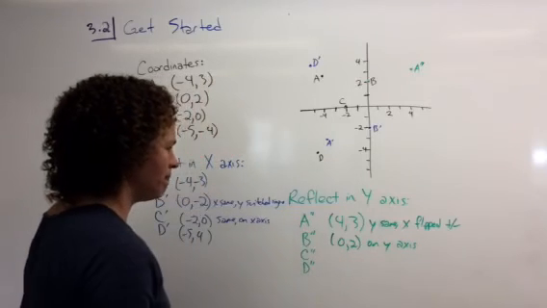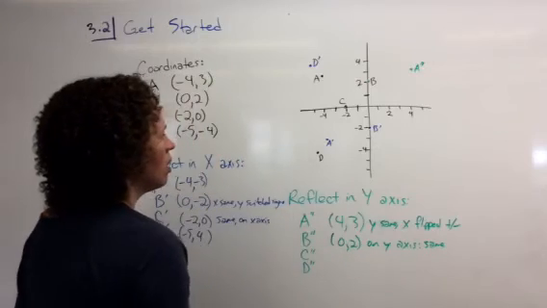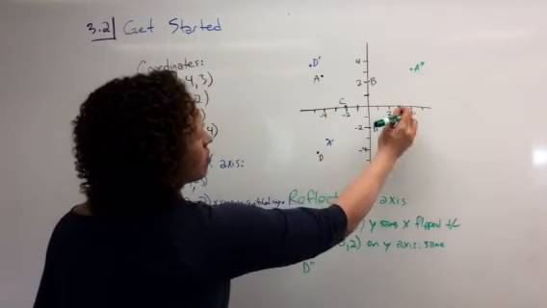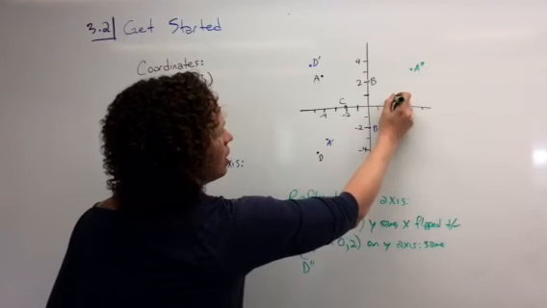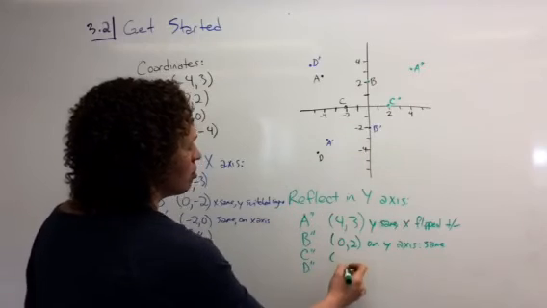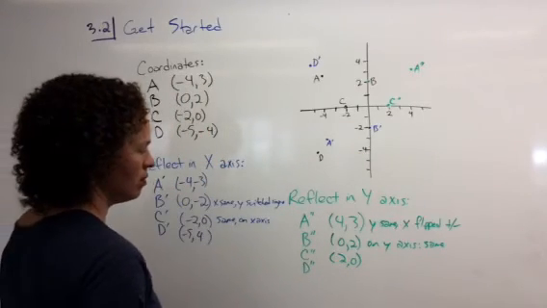So it stays the same. We look at C. It's supposed to be switching over this way now, so it gets to move. Yay! C prime prime moves, and now the new point is 2 and 0, not negative 2 and 0.